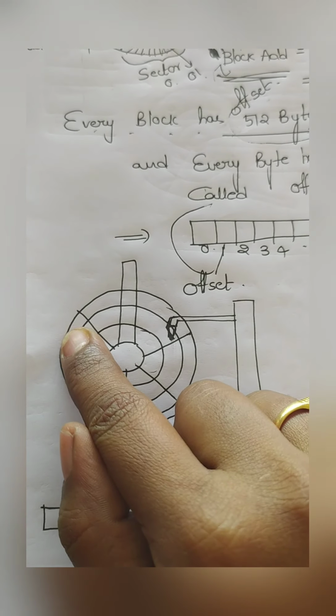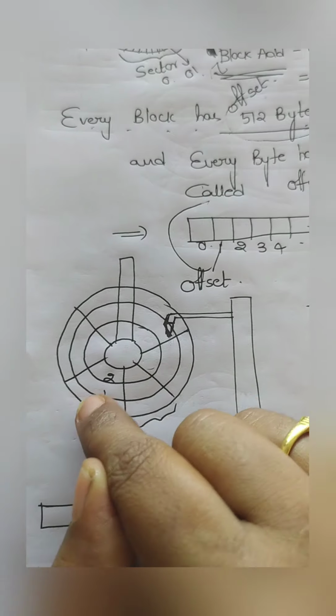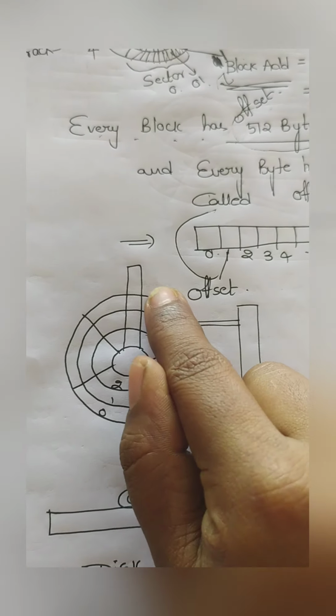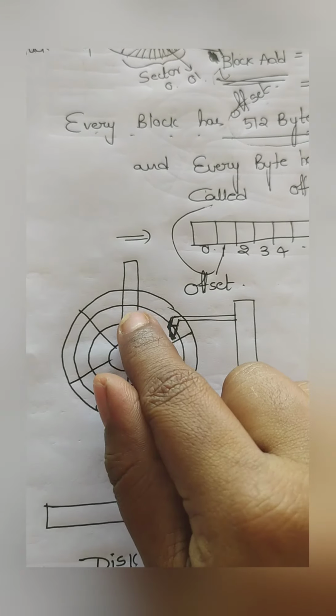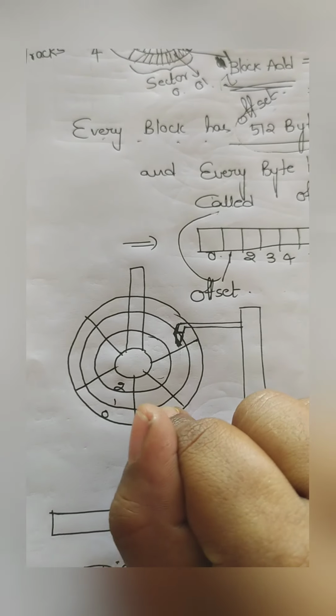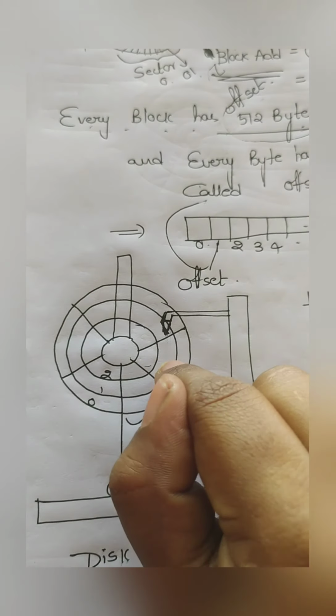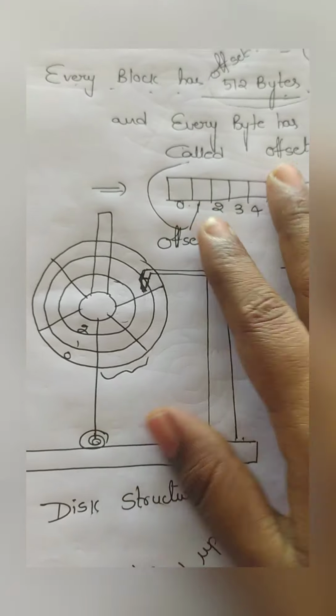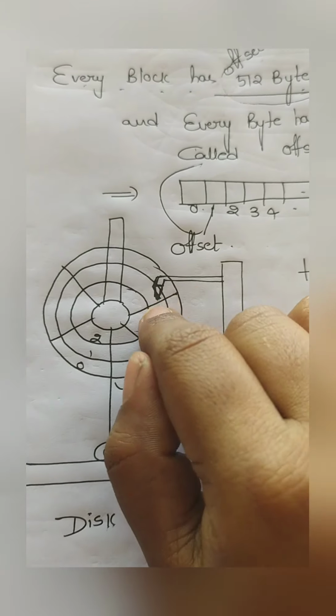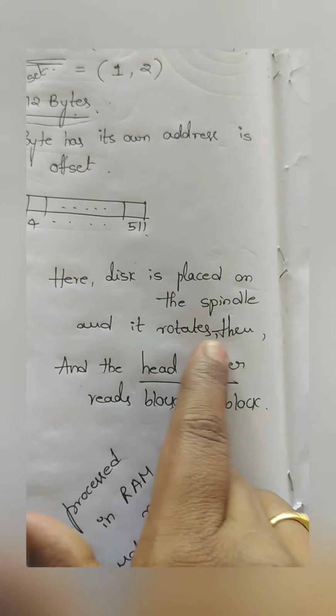The disk usually rotates in the clockwise direction, so it rotates from one sector to another sector as well as from one track to another track. We have seek time and latency time here. Let us learn about it after our introduction. So the disk is placed on the spindle, I already said that, and it rotates.